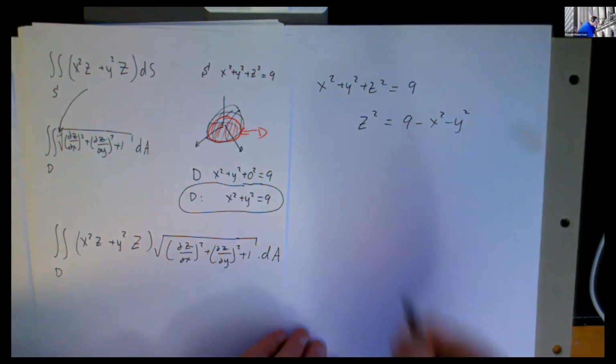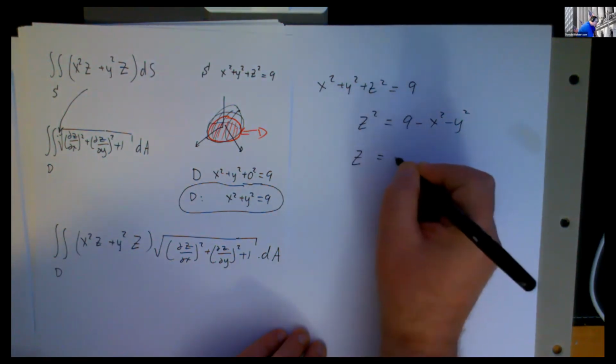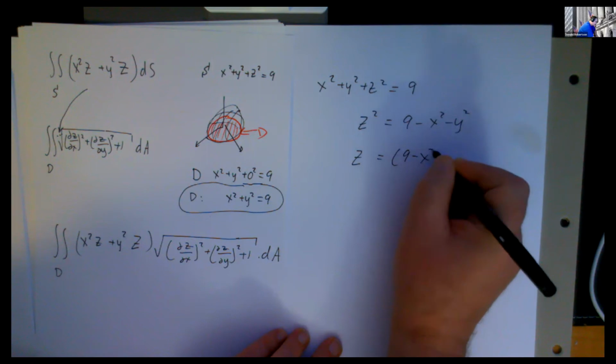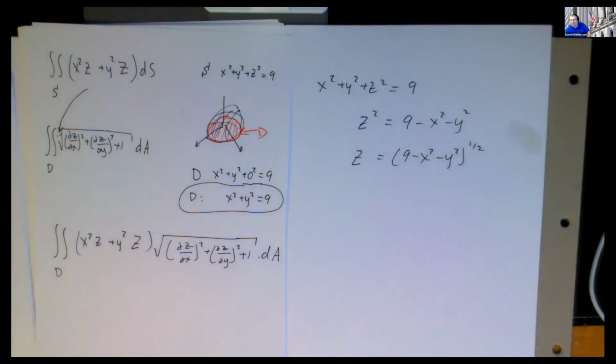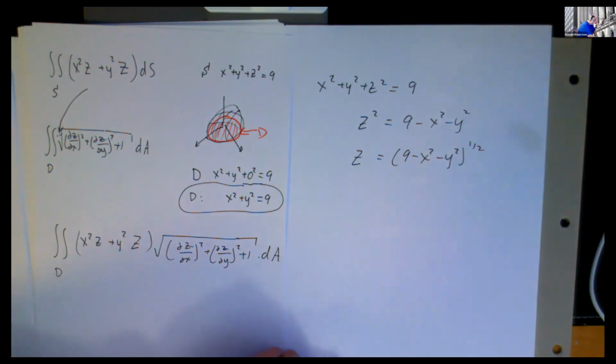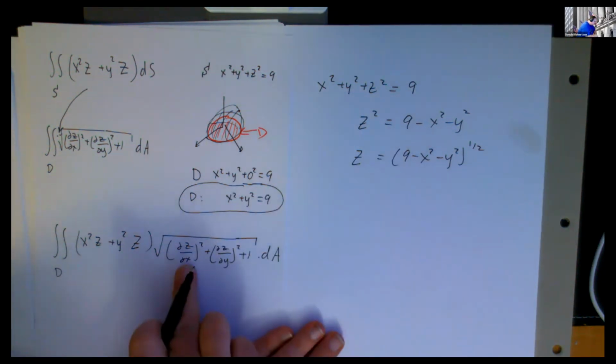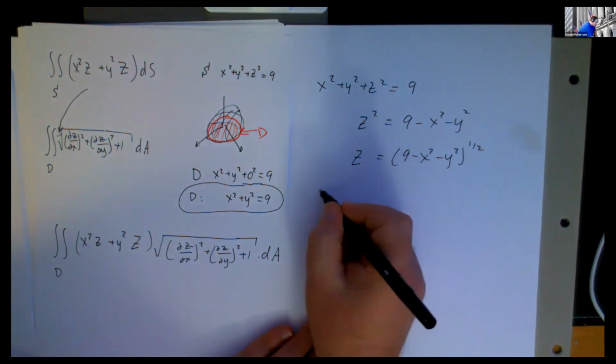Which means that z is the square root of that guy, which I'm going to call a half power. Now, I need to know its partial derivative and square it with respect to x. So here goes.